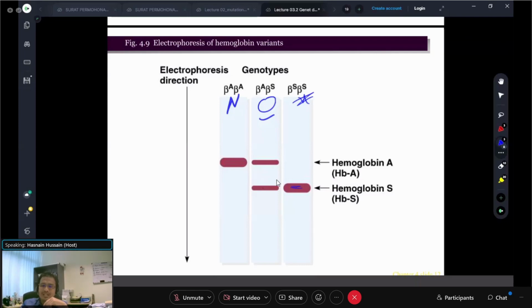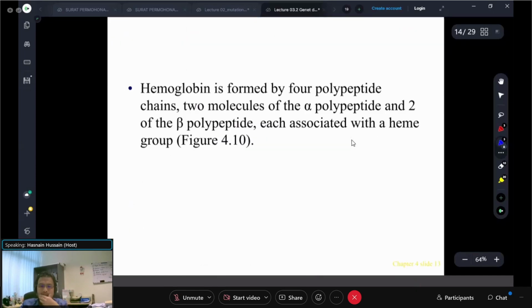You can see there is a difference because of how the proteins are produced to form the hemoglobin structure. The hemoglobin structure is formed by four polypeptide chains, two molecules of the alpha polypeptide and two molecules of the beta polypeptide, each associated with a heme group.